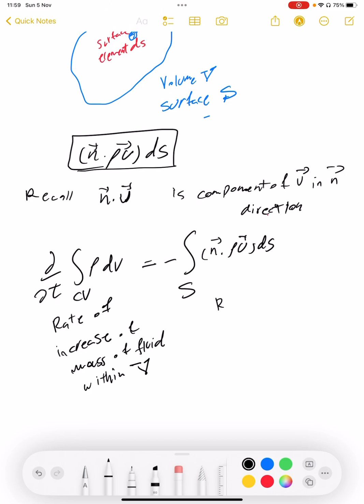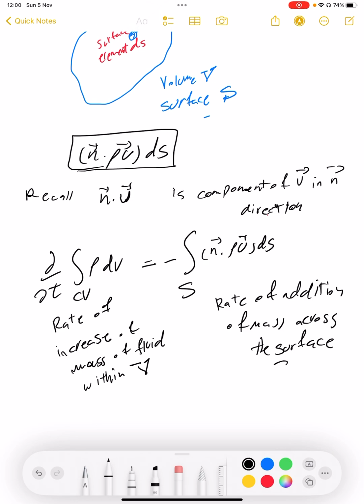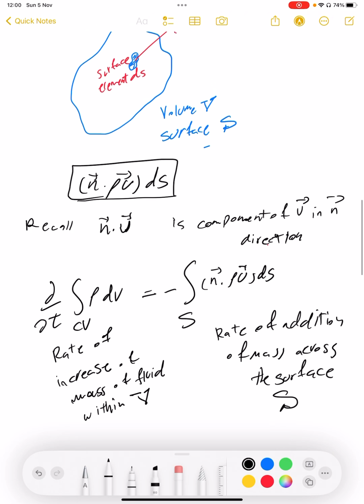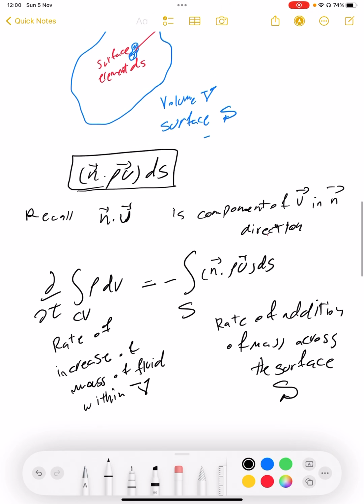So this would be the rate of addition of mass across the surface S. So this is the law of conservation of mass, right?